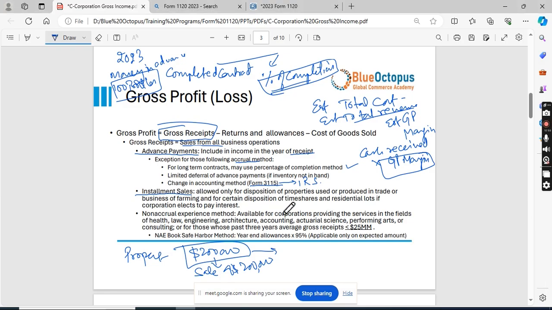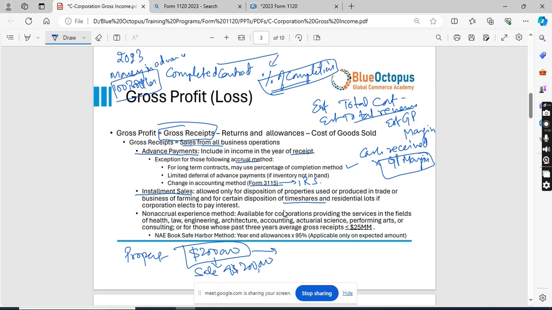Apart from that, for some disposition of timeshare and residential lots, you are allowed to take installment sales. Now, what do you mean by timeshare or residential lots? Timeshare here means like what happens in US.